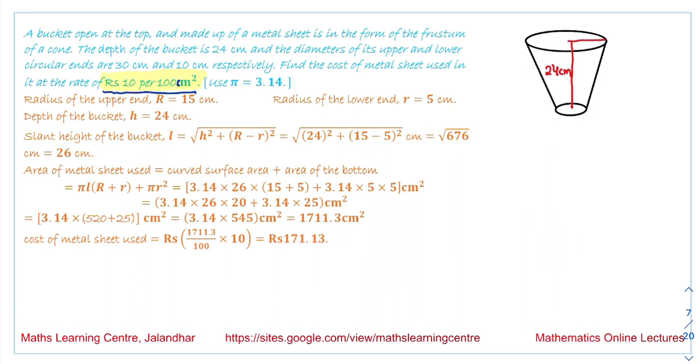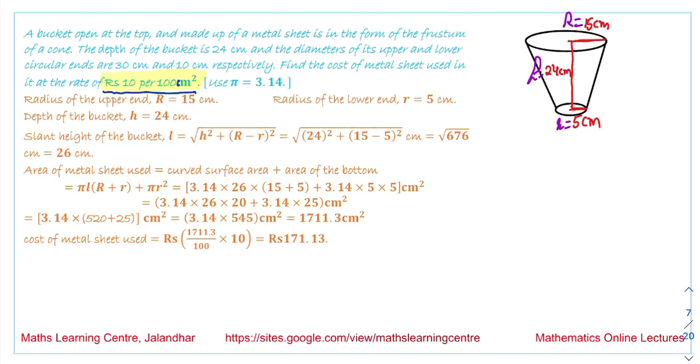So the radius of the upper end is 15 centimeter, and the radius of the lower end is 5 centimeter. Find the cost of metal sheet used in it at the rate of rupees 10 per 100 centimeter square. So these are the values given to us: this is the value of capital R, this is the value of small r, and this is the value of H we have.